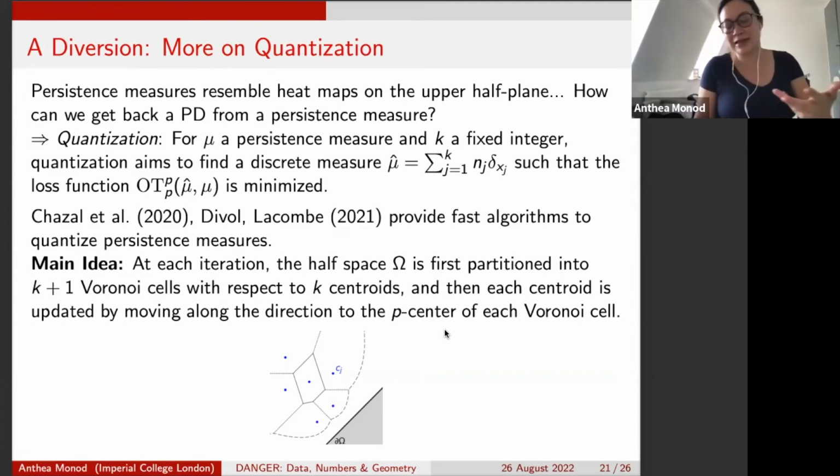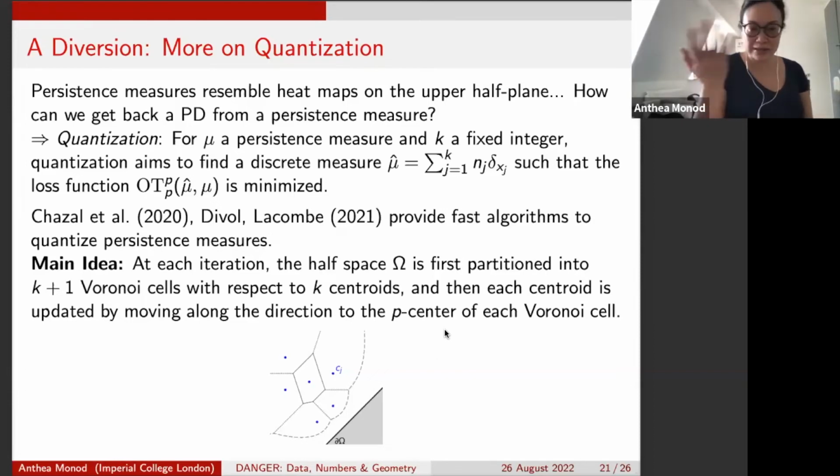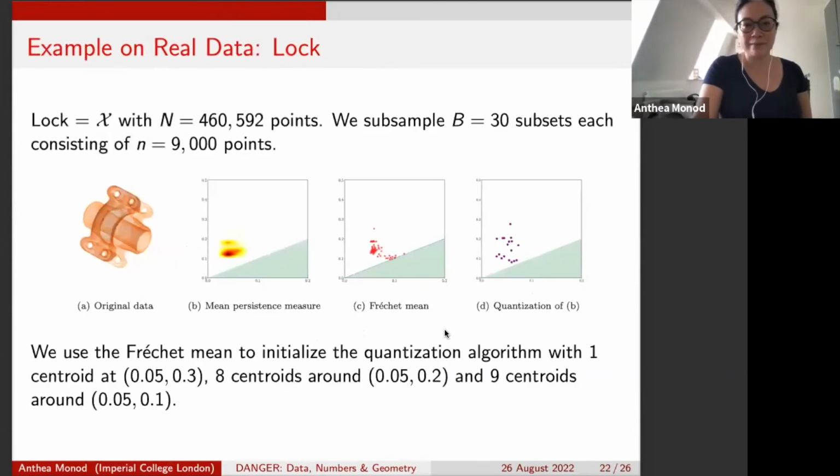It's not going to be exactly the same as a persistence diagram where each point is the true birth and death of the homology feature. Here we're going to have approximate birth and death times of the homology features, but it worked quite well. The code is very fast, and these papers have guarantees on how well these quantizations of persistence measures give back persistence diagrams.